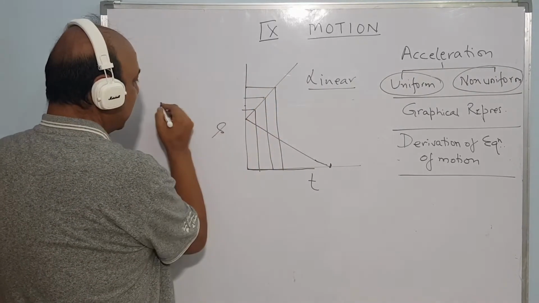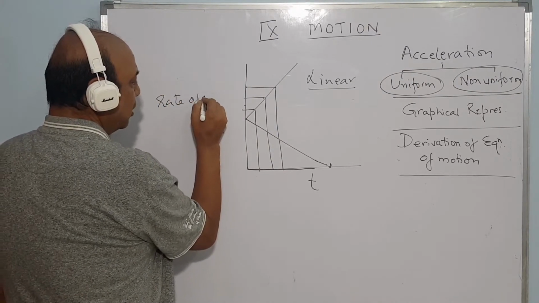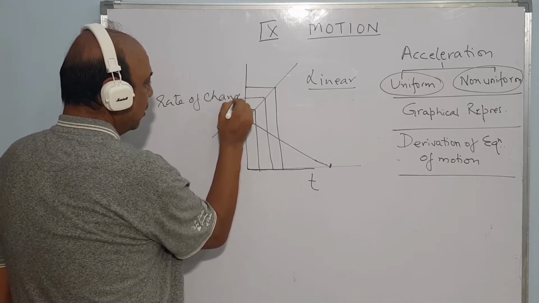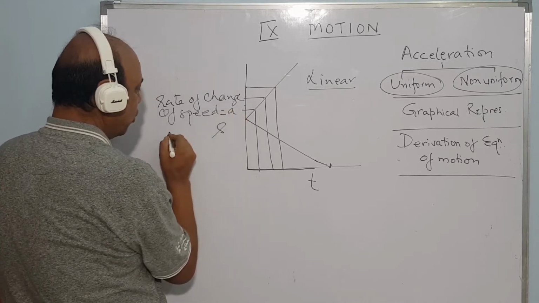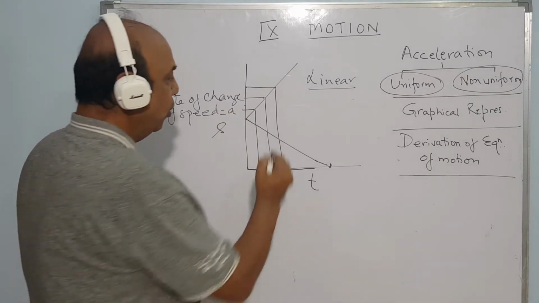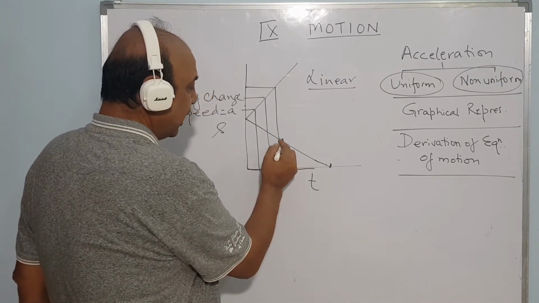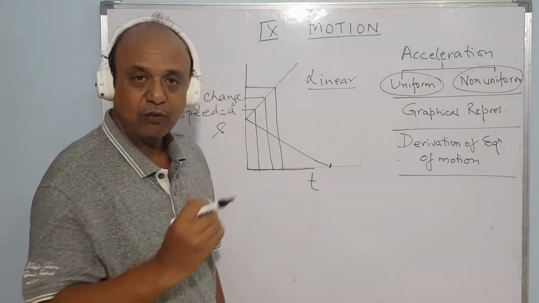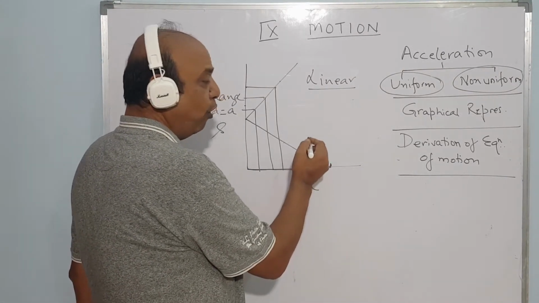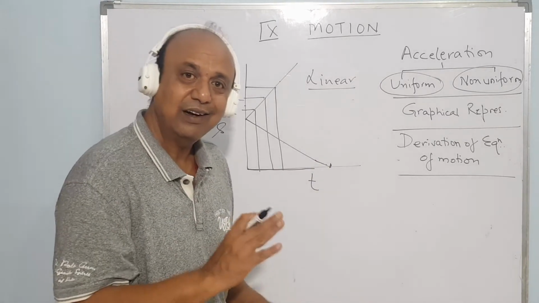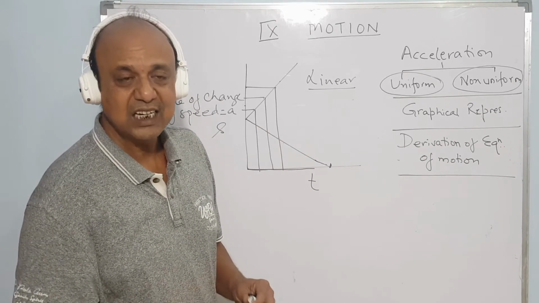That means the rate of change of speed, that is acceleration, is constant. So this indicates uniformly accelerated motion, whereas here the rate of change of speed is on the negative side. So it indicates uniform negative acceleration, which is called retardation or deceleration.